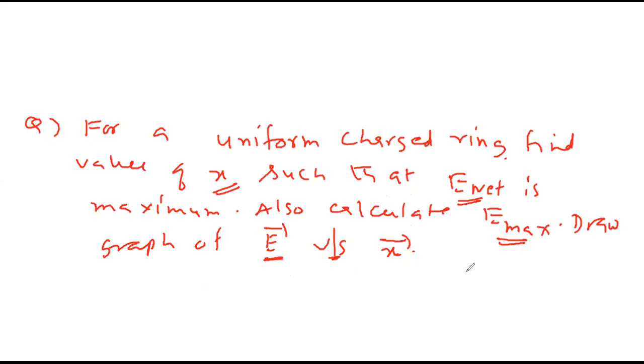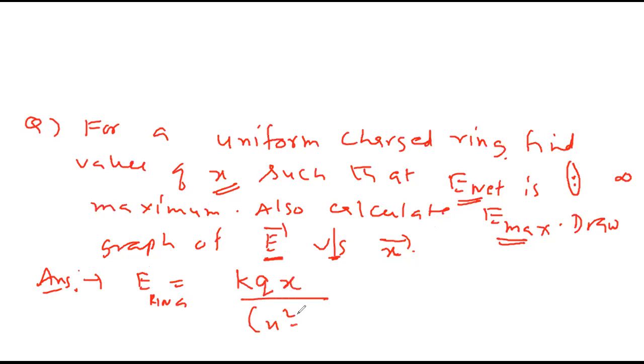E was minimum where in the ring? At the center and at infinity. Yes. So we are now interested not in 0 but in the maximum, at what distance x it will be. E for a ring at any point on the axis is kqx upon (x square plus r square) raised to 3 by 2.